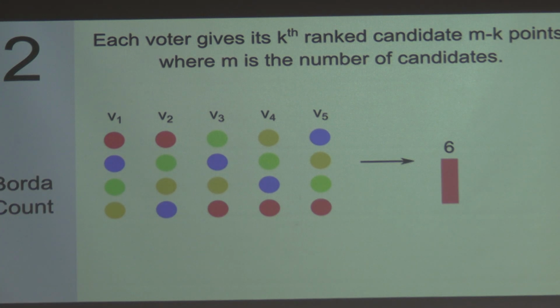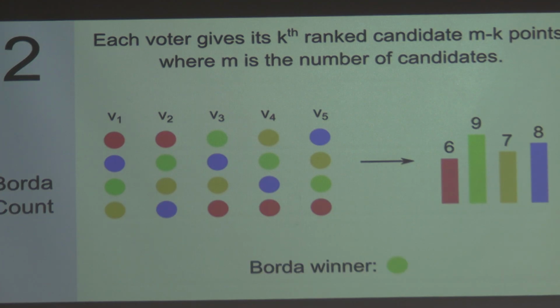All right. What about green? 9. Everyone agrees? Yeah. Okay, and so on and so forth, right? So you tally the Borda points for everyone, and you see that green happens to have the highest score, so it is the Borda winner. Okay, fairly simple, very natural rule. Okay, good.